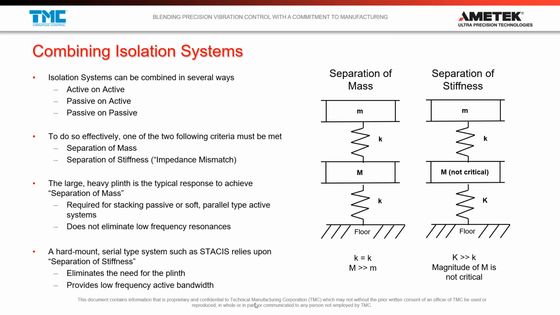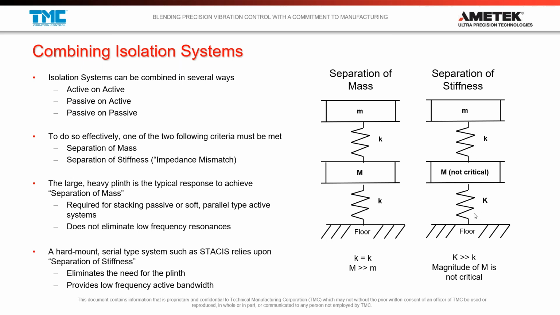The other way to do it is with a separation of stiffness. And separation of stiffness really can only be done with active serial type systems and passive systems. Because what you've got here is, for example, a soft spring, and then maybe an air isolator.